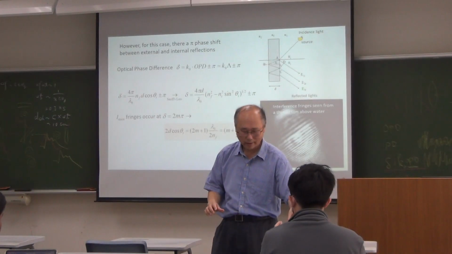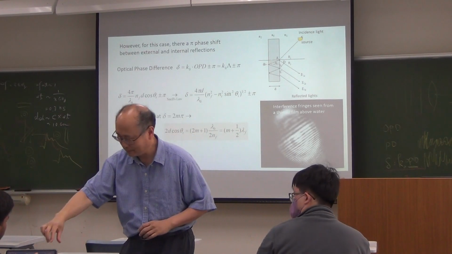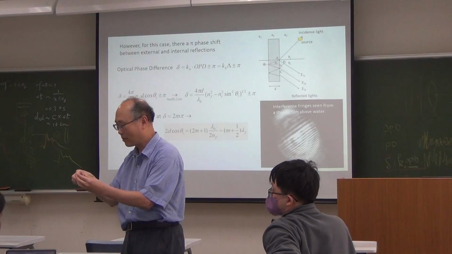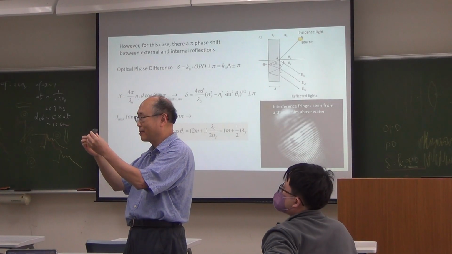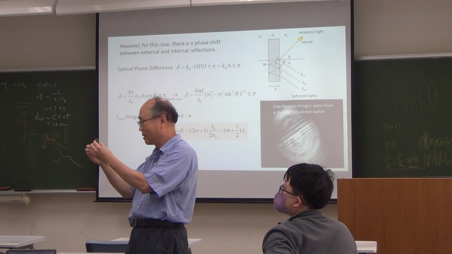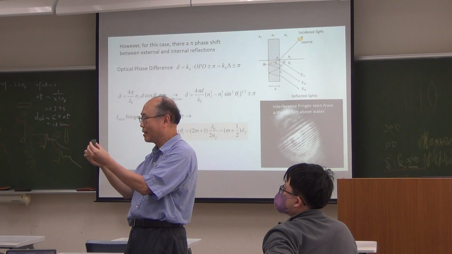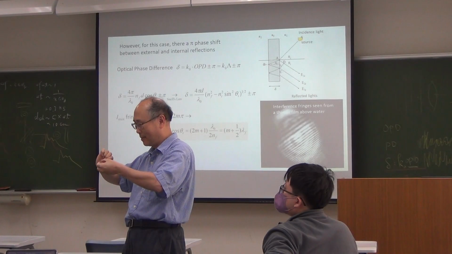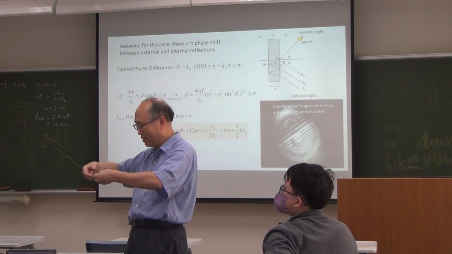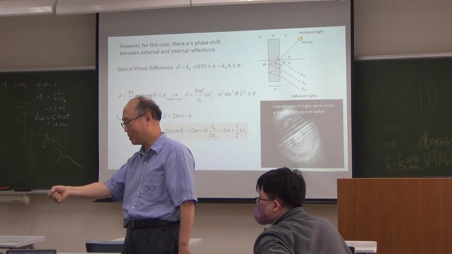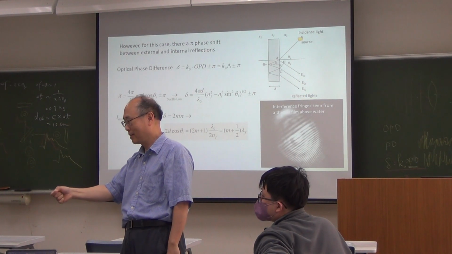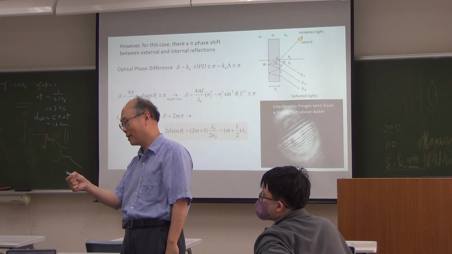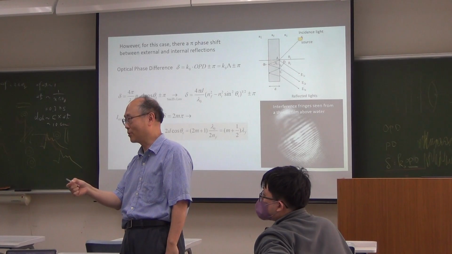But if you have two, and you put them together to create a very thin air gap between them, and then use your finger, squeeze it a little bit, and then you try to see the interference fringes.